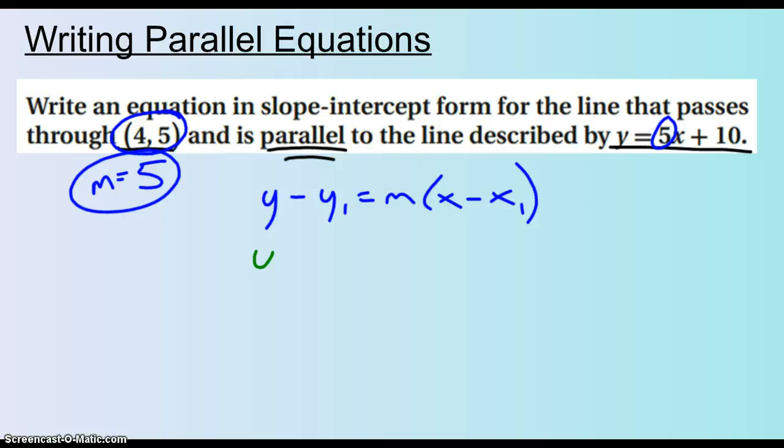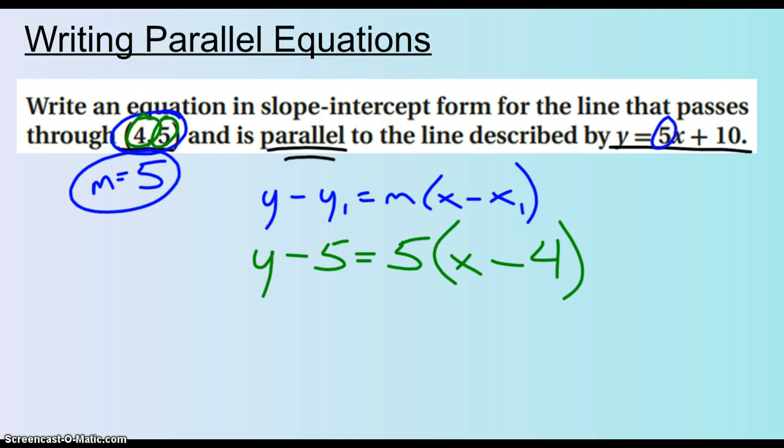So I'm going to take y minus my specific y, which is 5, set it equal to my slope that I need, which is 5, and x minus my specific x, which is 4. And then we've got just a little bit of manipulation. We're going to put it into slope-intercept form as they want it right there. So 5 times x and 5 times negative 4 gives me negative 20.